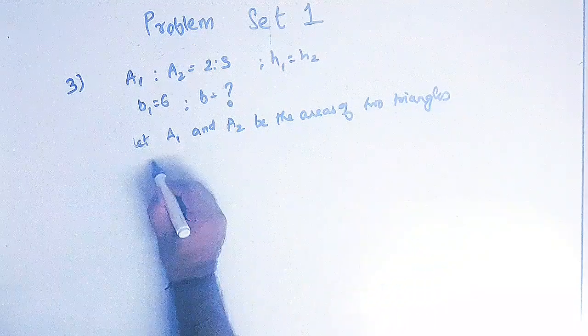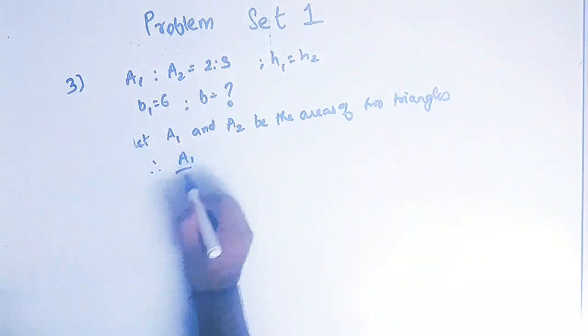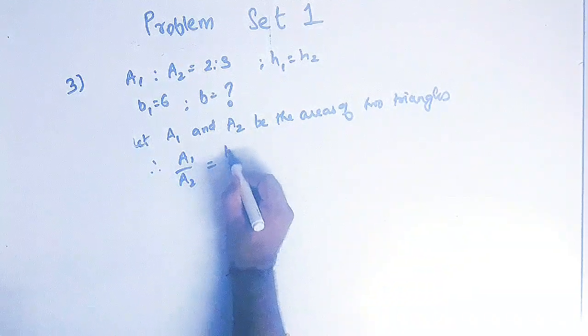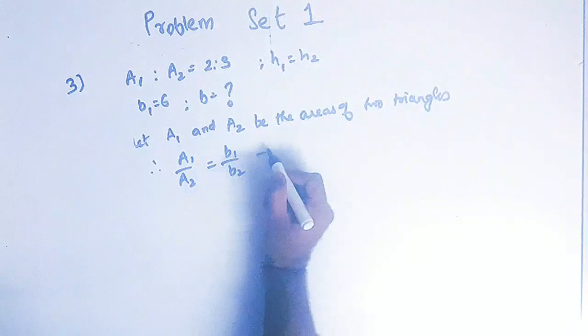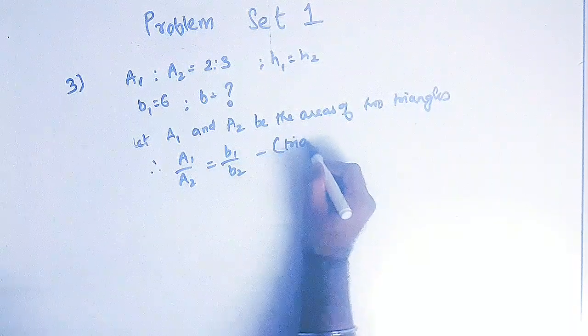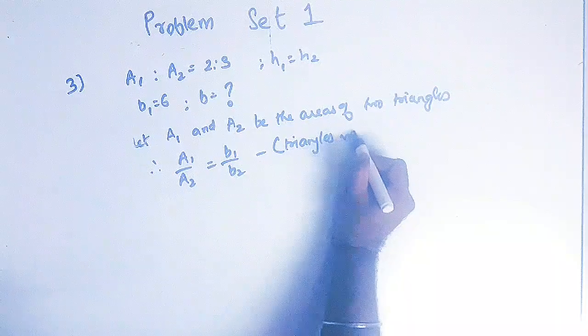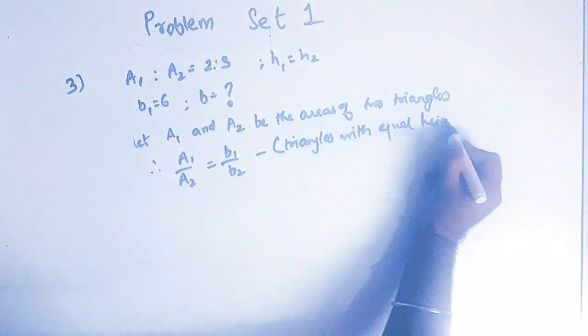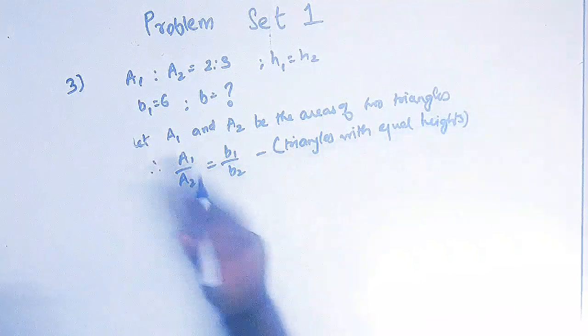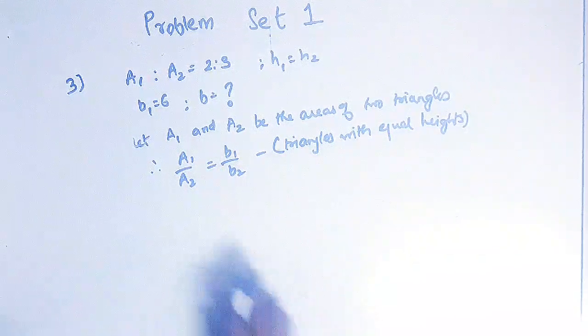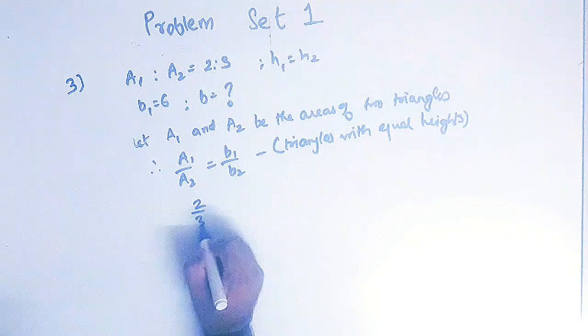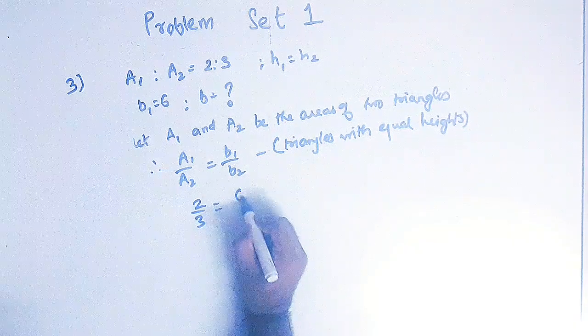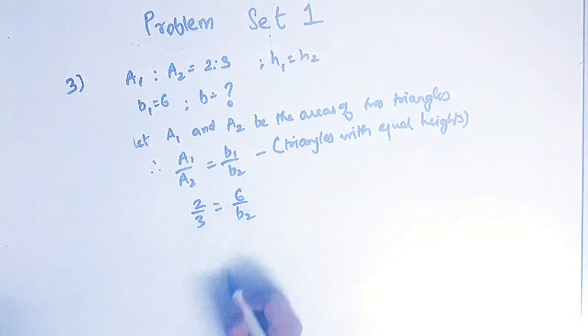Therefore A1 upon A2 equals to, I'll write B1 upon B2 because I have to write it for triangles with equal heights. As we know, their heights are given equal. So A1 upon A2, it is given 2 upon 3, base 1 is given 6, base 2 we have to find.